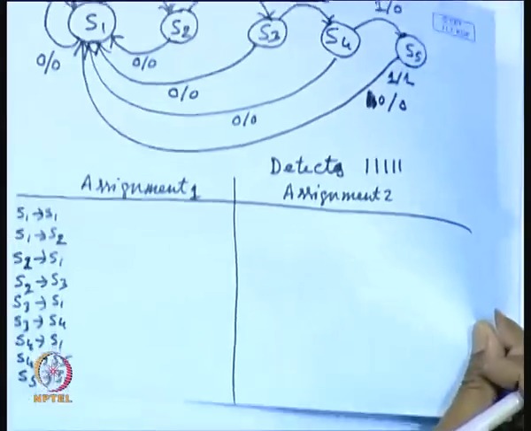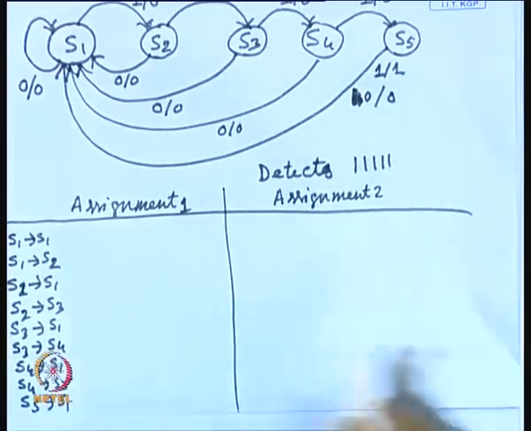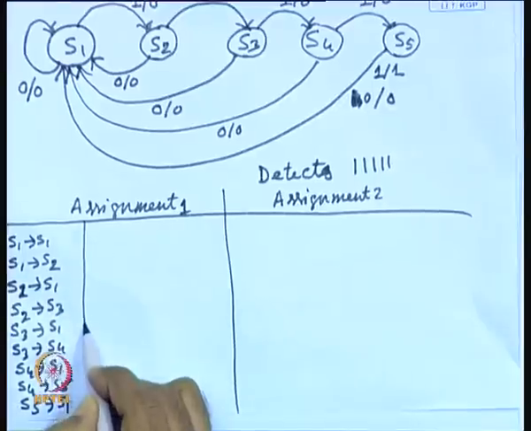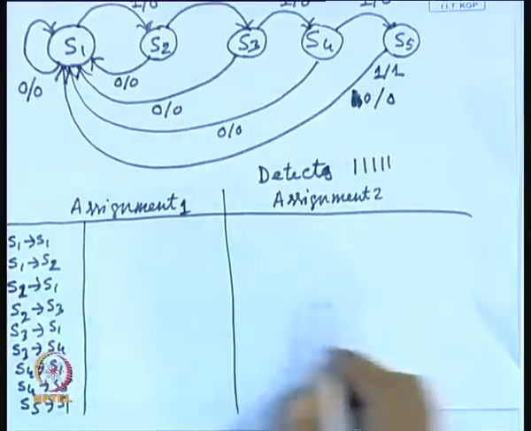So, these are the 9 possible transitions, and let us see what is the switching activity for these two assignments.